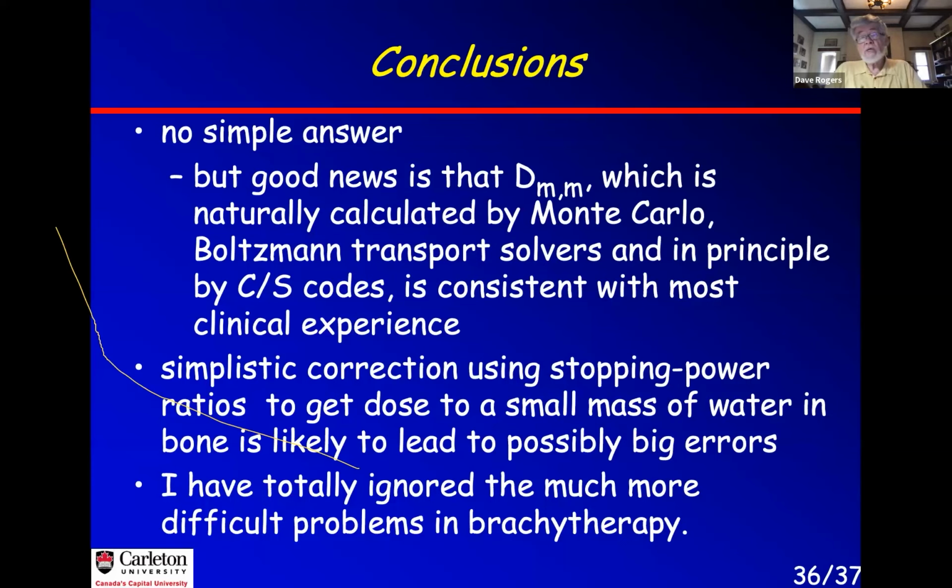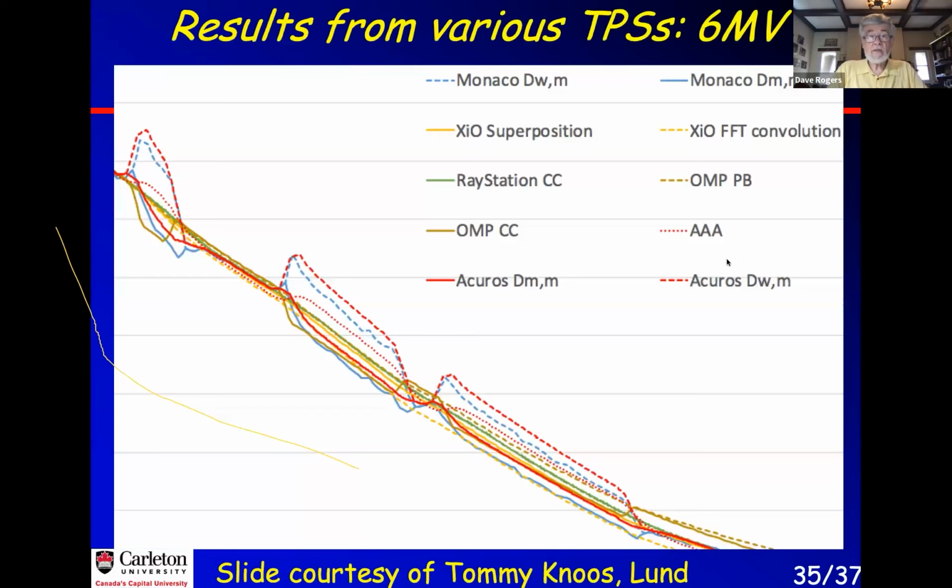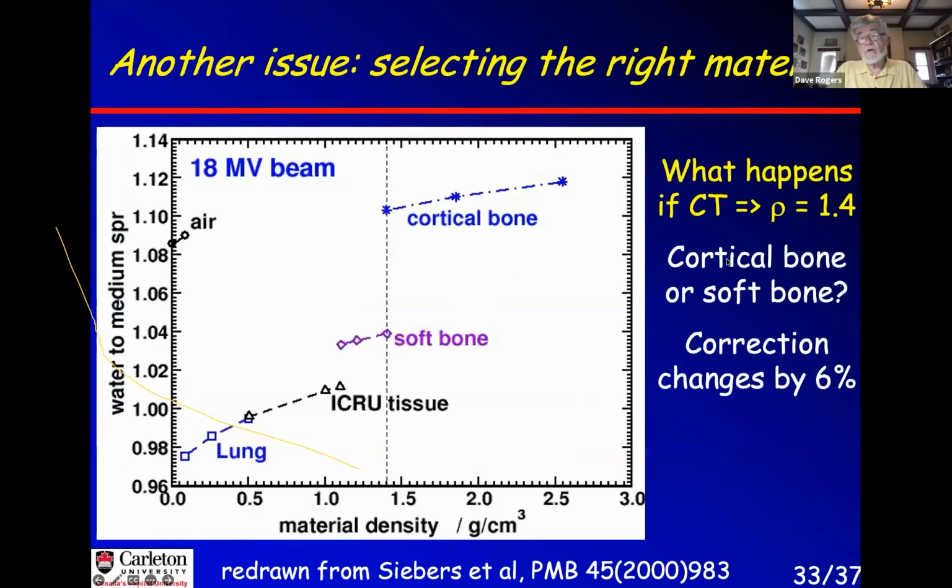And as in that one figure I showed, let me see if I can get it back. This one here: your material density is something you get from a calibration curve of the CT scanner, but then you have to worry about exactly which material it should be.